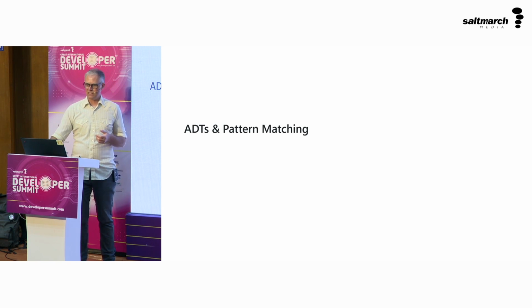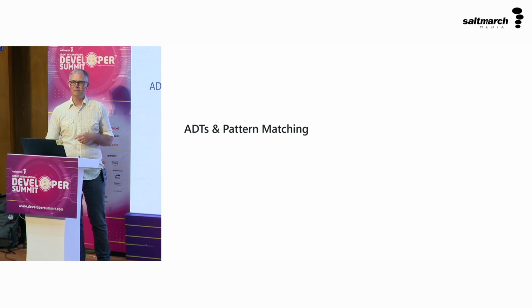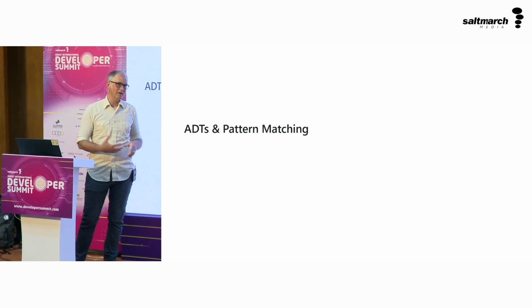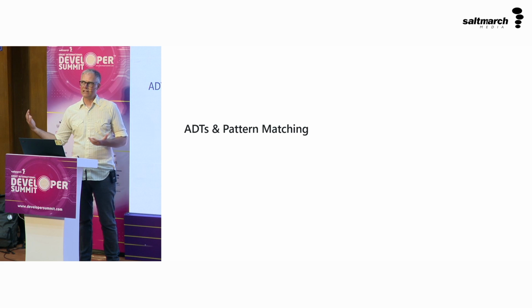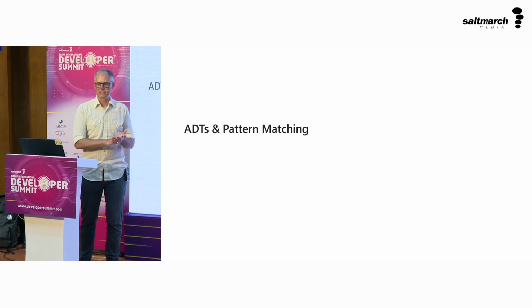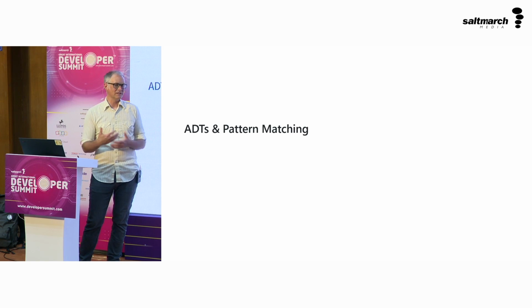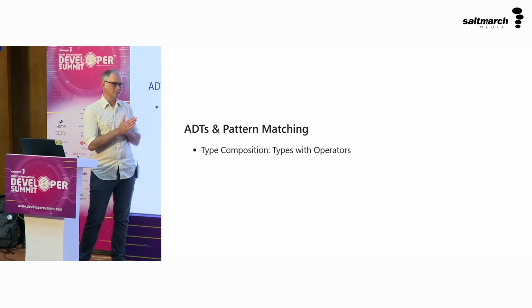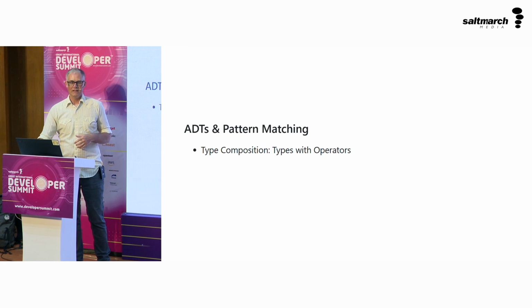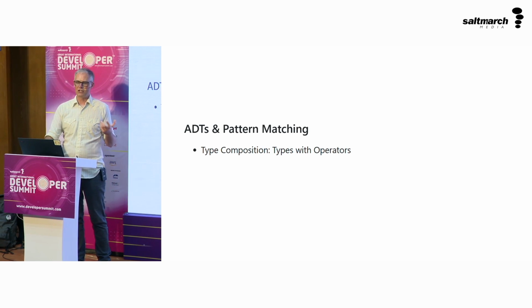ADT stands for algebraic data types. This is definitely an area where many programming languages now have integrated algebraic data types into their type system, so it's pretty generally available in most languages now. But what is an algebraic data type? An algebraic data type is a type with some composition on it.